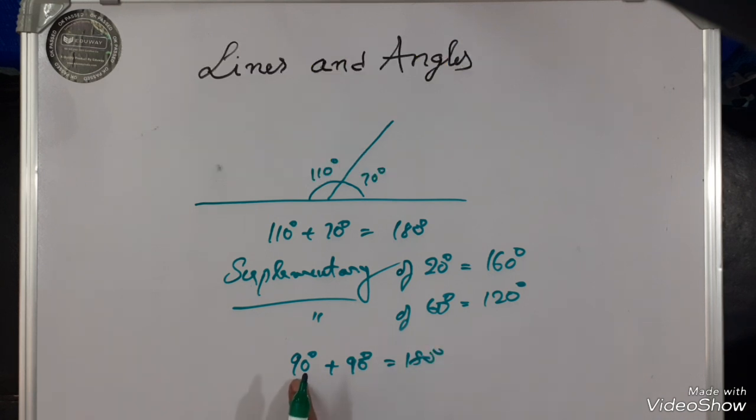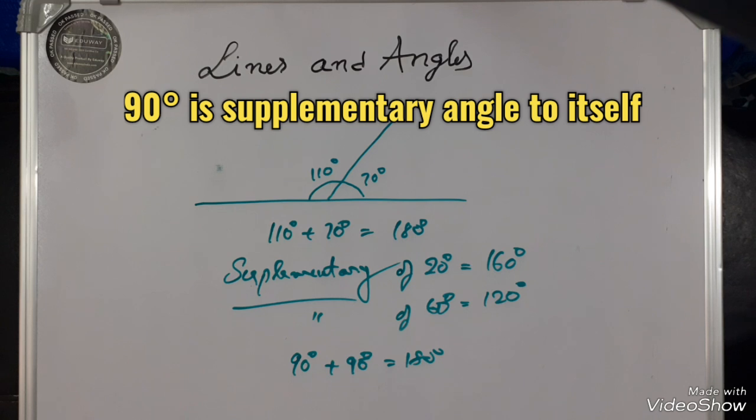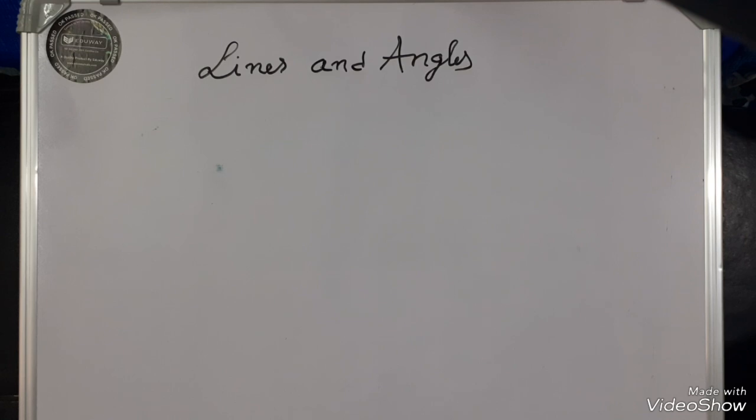So the supplementary of 90 is 90 only. What angle is supplementary to itself? 90 degrees. Is it clear? What is the supplementary angle of 40 degrees? Subtract 180 minus 40. We get 140 degrees as the supplementary angle.